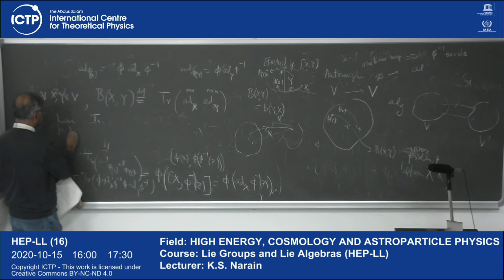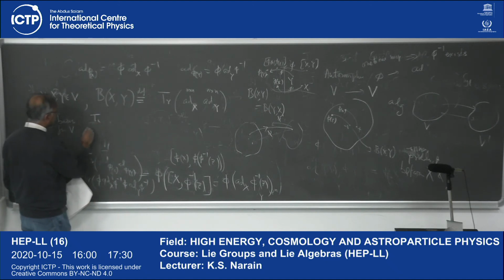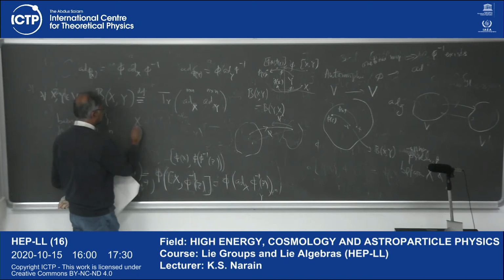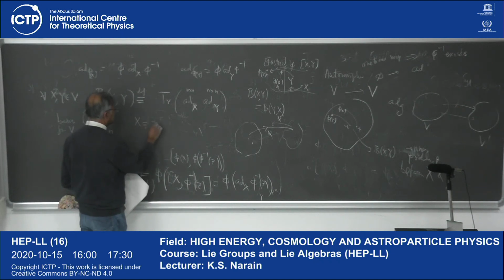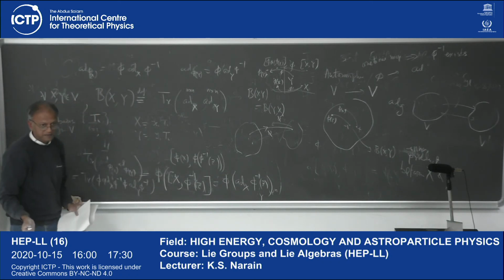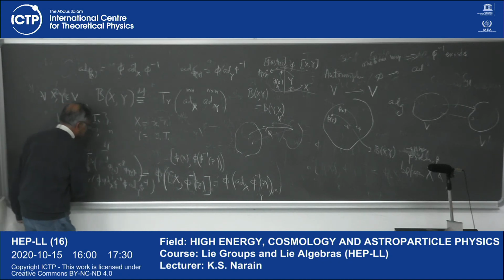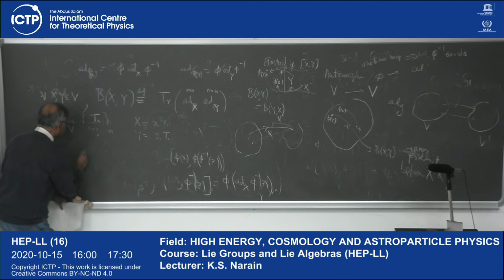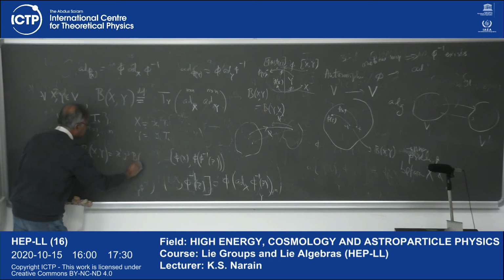Then I can write x and y both: x will be some x^i t_i, and y will be some y^j t_j, for some numbers x^i and y^j. I can always expand it. Then this b of xy is simply x^i y^j b of t_i t_j.